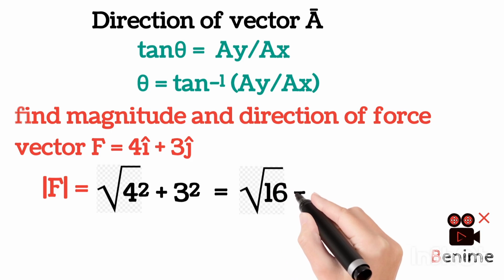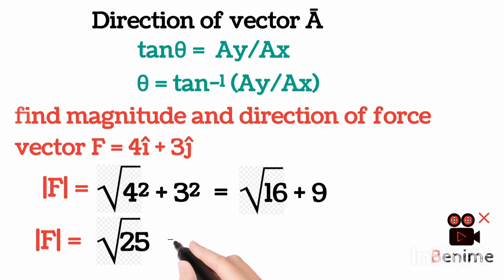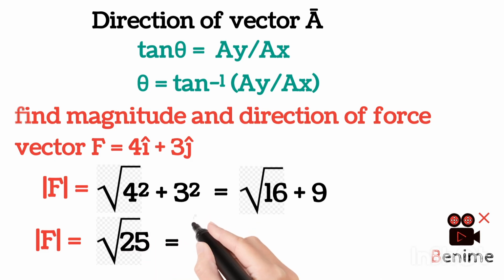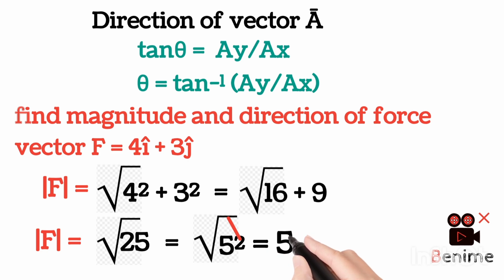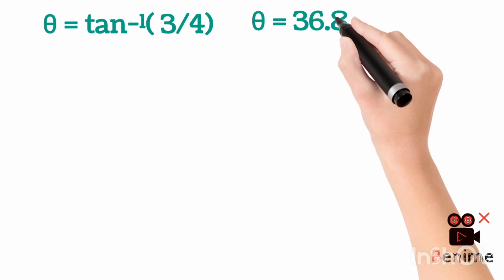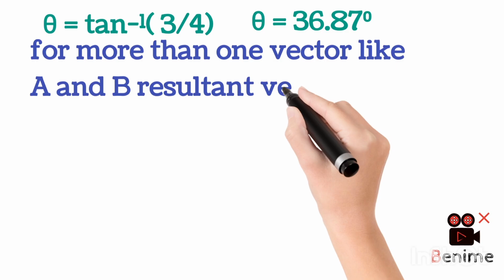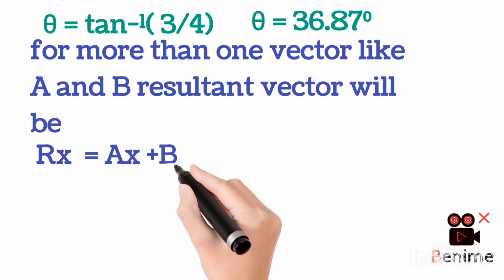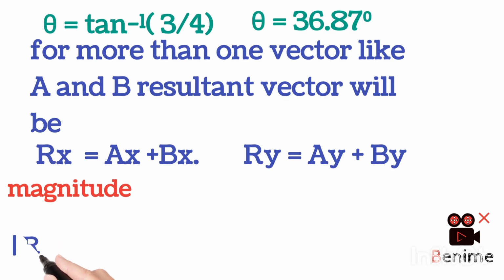By putting in formula and simplifying, we get magnitude of force equals 5. Angle can be found by putting y and x components in formula, and we get 53.13.